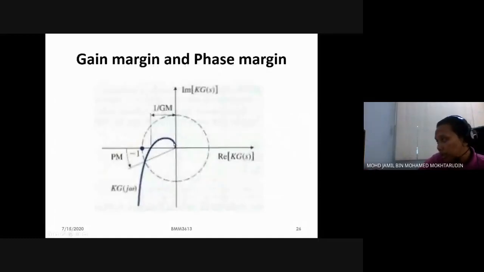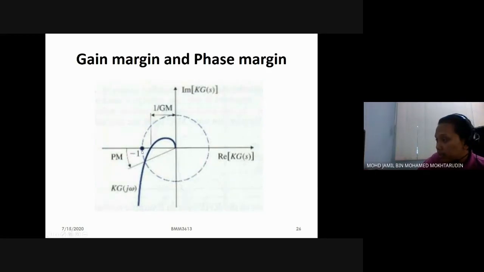In a Nyquist plot we also have to determine the gain margin and phase margin, but unfortunately there is no formula to determine them for a Nyquist plot. The only thing we need to know to determine stability is to look at this point, -1.